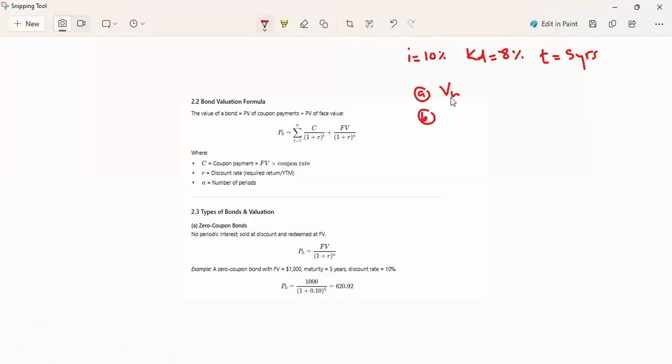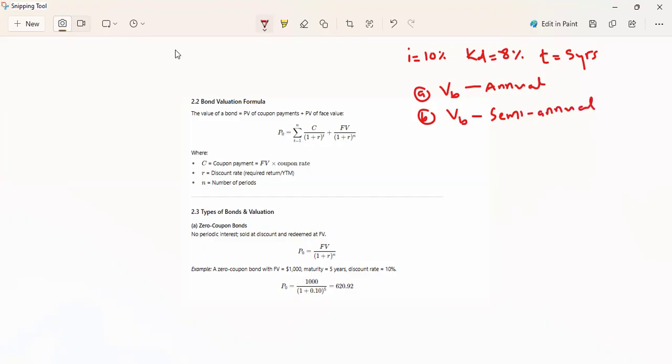The value of the bond annually and its current yield. We also remember to calculate the value of the bond semi-annually and its current yield. And we should also learn to calculate the market rate, or the yield to maturity.